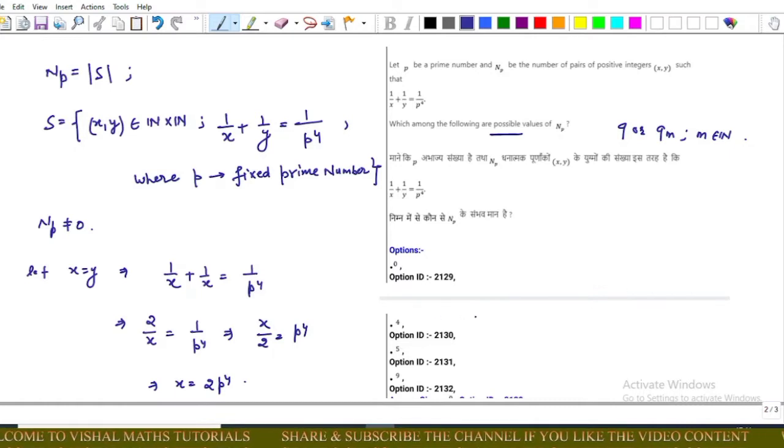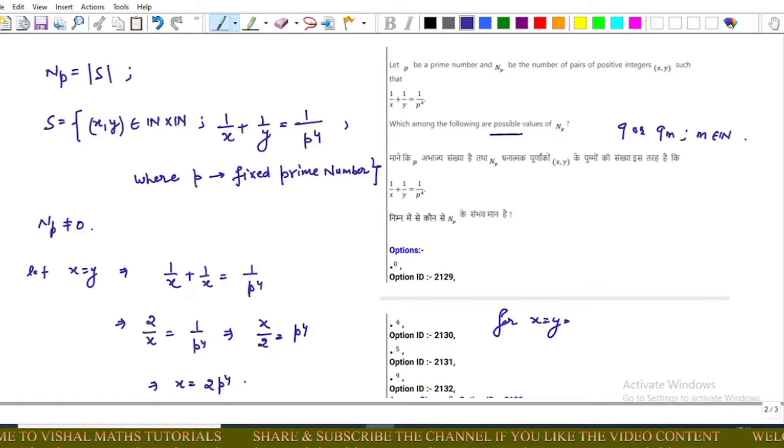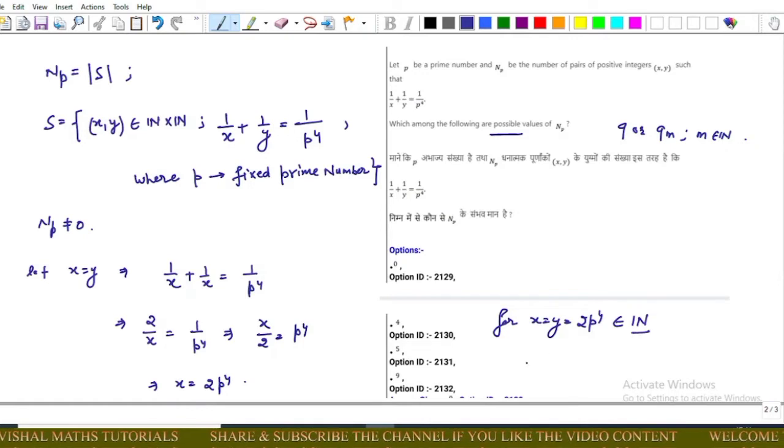So we conclude that x equals y equals 2p power 4, which belongs to the set of natural numbers, and NP is not equal to 0. This implies that option A is incorrect.